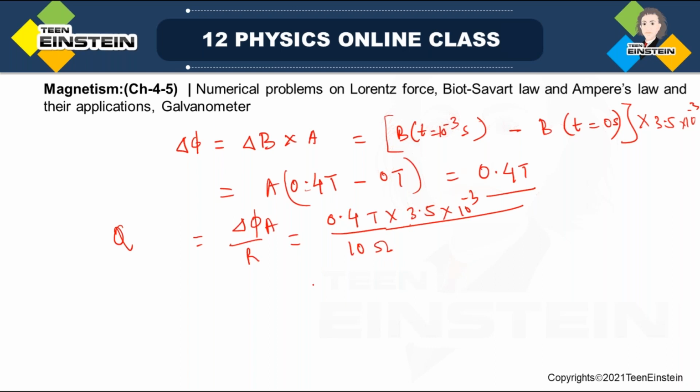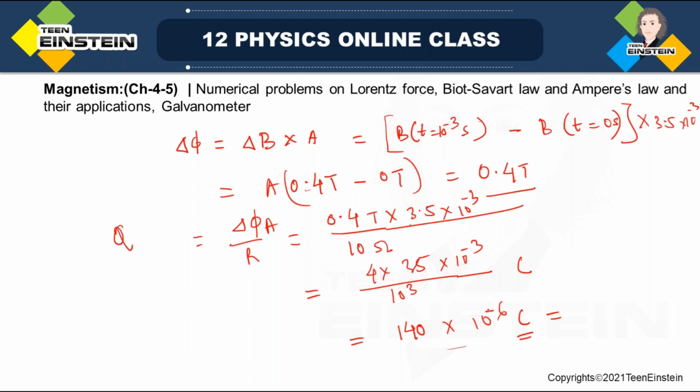Okay, so now it will give you the correct answer, in coulomb, into 10 to the power minus 6 coulomb.